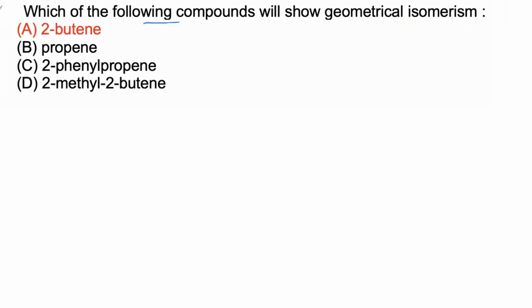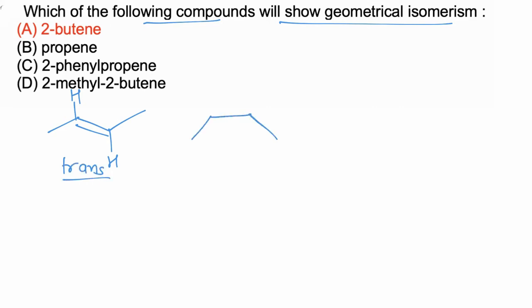Which of the following compound will show geometrical isomerism? So if we draw the structure of 2-butene, now 2-butene will show geometrical isomerism. If both hydrogen atoms are present in opposite direction, then this is trans configuration. If both hydrogen atoms are present on same direction, now this is cis configuration. So first molecule will show GI.